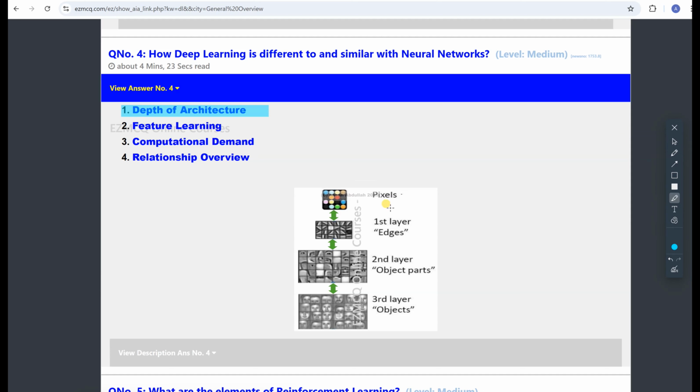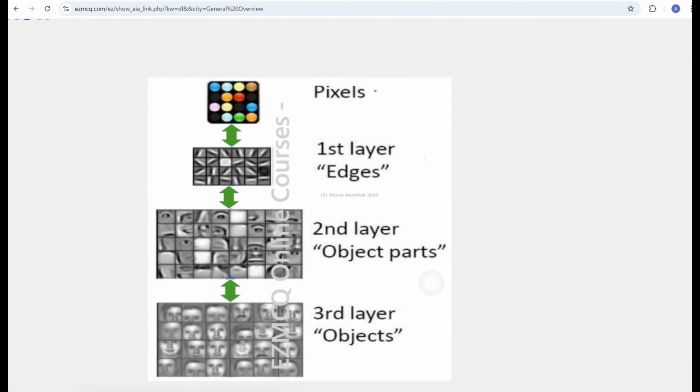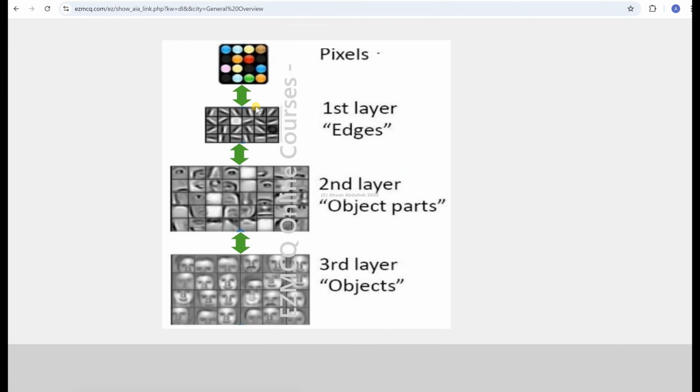So we see that this is an example which shows how deep learning works. Okay, let me explain this to you. So this is bidirectional. We can move from images to the pixels or from the pixels to the images also. It works at the pixel level. So these pixels are combined together. This is the first layer of edges.